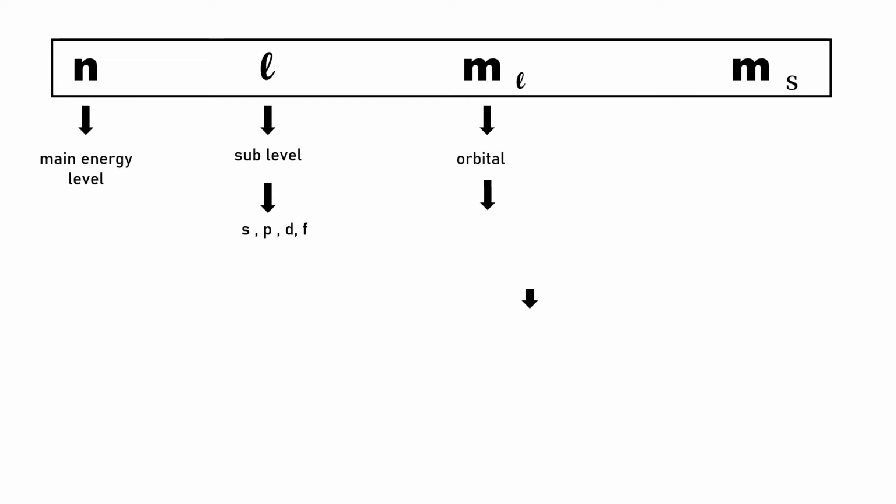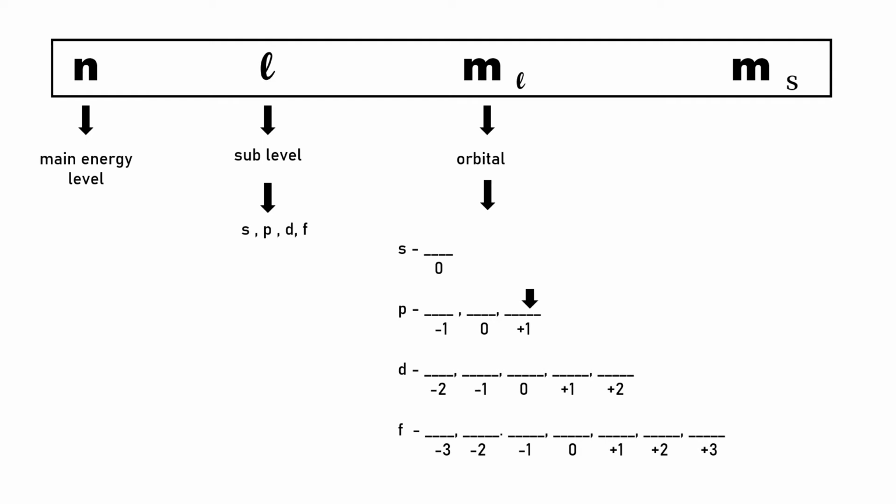So meaning to say that if it is S, it has 1 orbital and has a value of 0. If it is P, it has 3 orbitals and has a value of between -1 to +1. So -1, 0, +1.